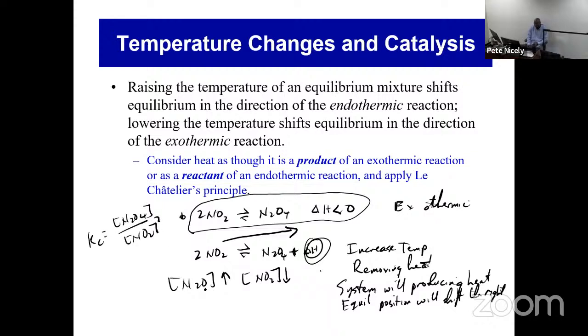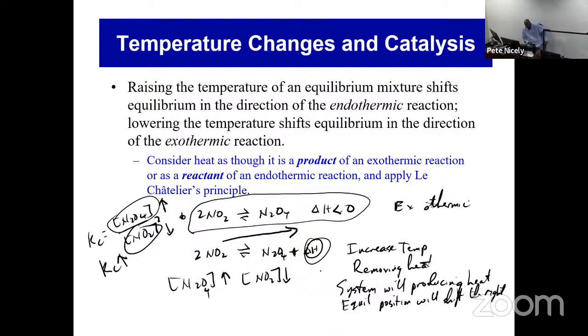If the concentration of N2O4 increases, so this term here increases, and the concentration of NO2 decreases, then what happens to Kc? If the numerator increases and the denominator decreases, then what happens to Kc? The Kc would increase, exactly. So Kc will increase as a result.